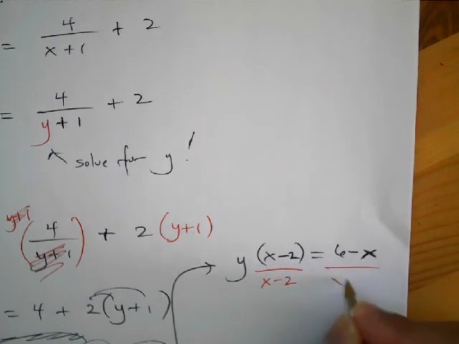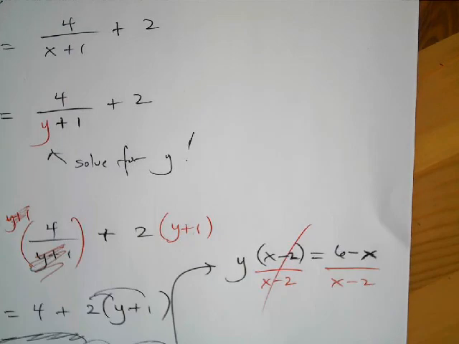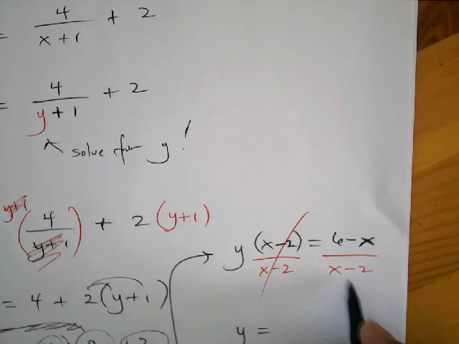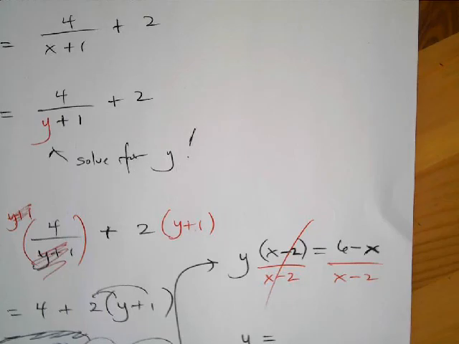Now, how do I get y by itself? Dividing by what? x minus 2. Whew! You get y is equal to, let me see what the answer is. How did they write it? Oh, they did that.